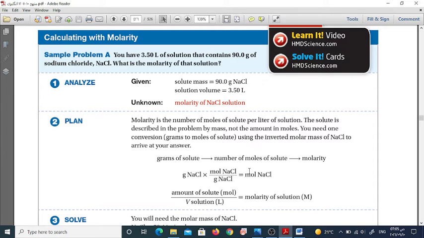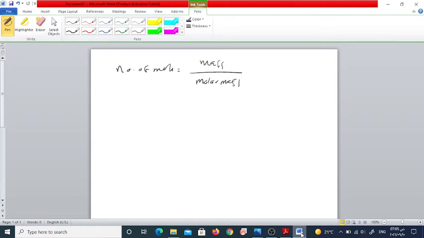Here we have the mass of the solute, which is 90 grams of NaCl. And molarity equals moles of solute by volume of solution.